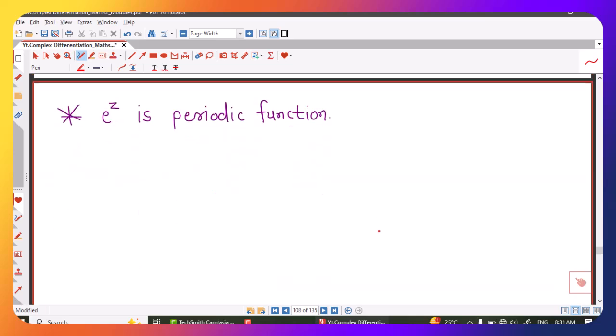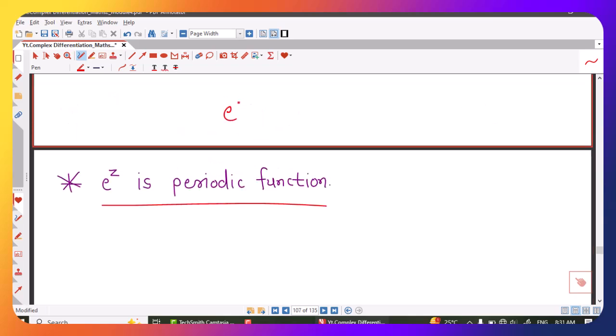So these are simple properties of the complex exponential function. The next property is that e raised to z is a periodic function. We know that the real exponential function e raised to x is not periodic, but the complex exponential function has periodicity. Let us recall the definition of a periodic function.